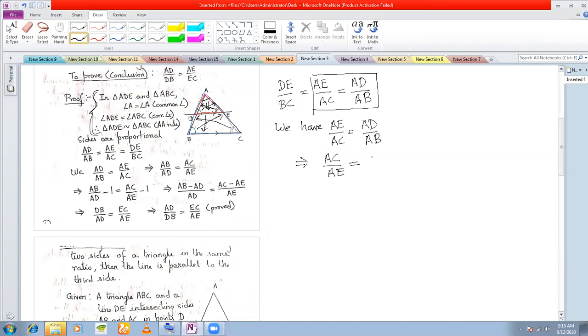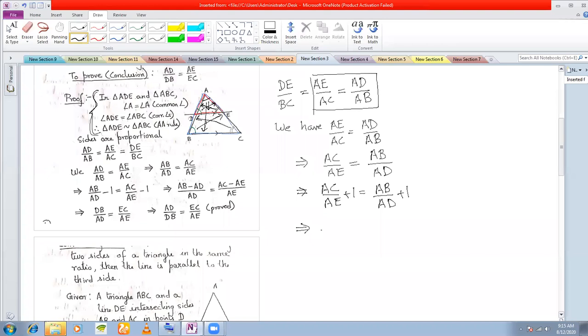I write AC by AE is equal to AB by AD. Okay. I add 1 to both sides. AC by AE plus 1 is equal to AB by AD plus 1.